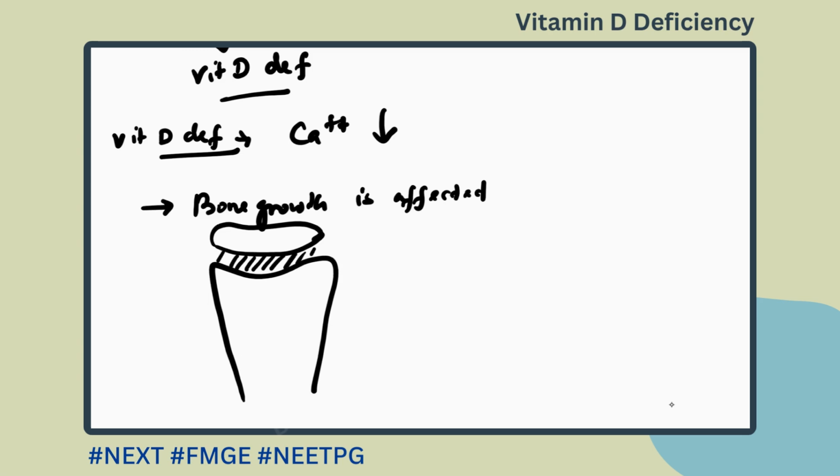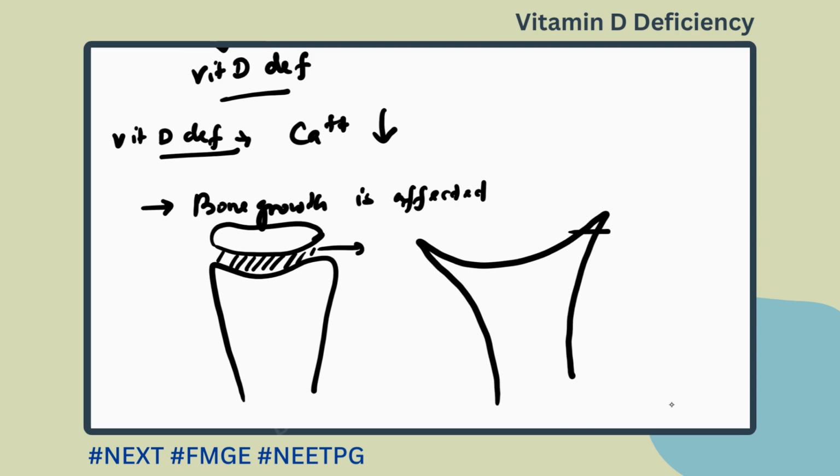If vitamin D is not there, if calcium deposition is not proper, the metaphyseal junction widens like this. This is called cupping of the metaphyses. So in rickets, the patient will present with cupping of metaphyses because calcium deposition is not happening.